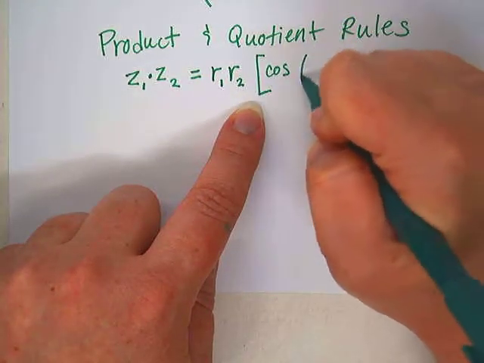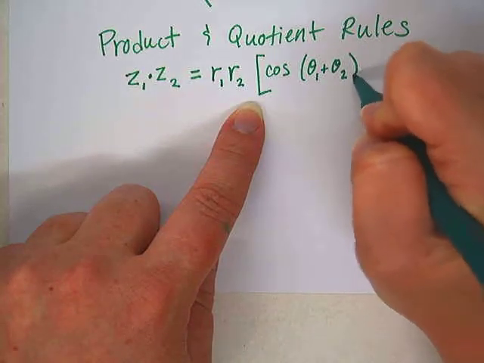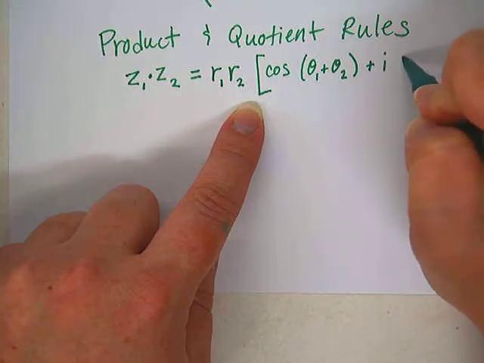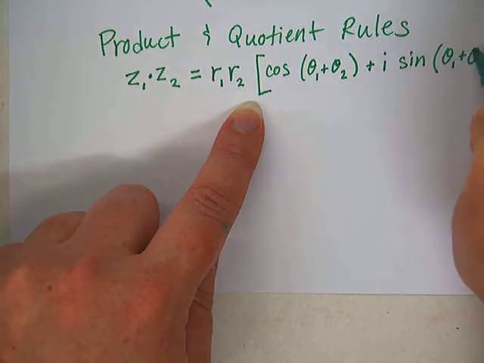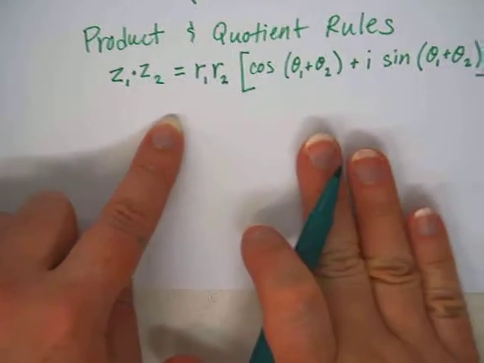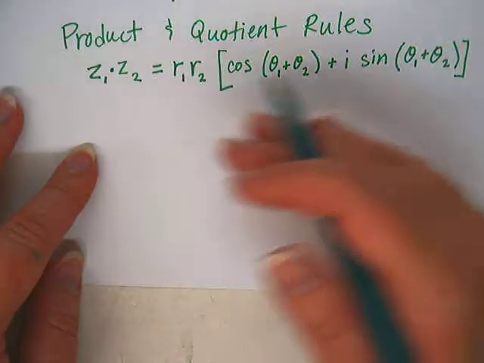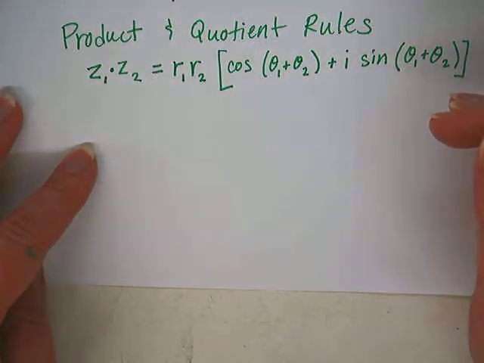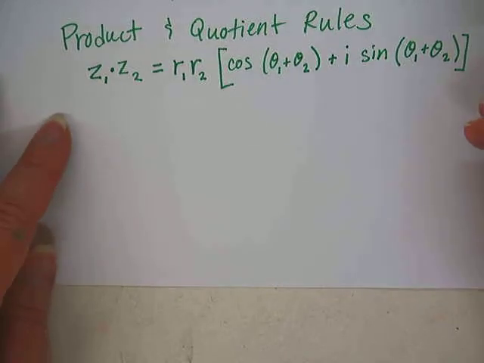Then, all you have to do with the angles is add them together. So that is multiplying two complex numbers. This would be if it's in trig form, and you would do this process instead of FOILing and simplifying your complex numbers that way.